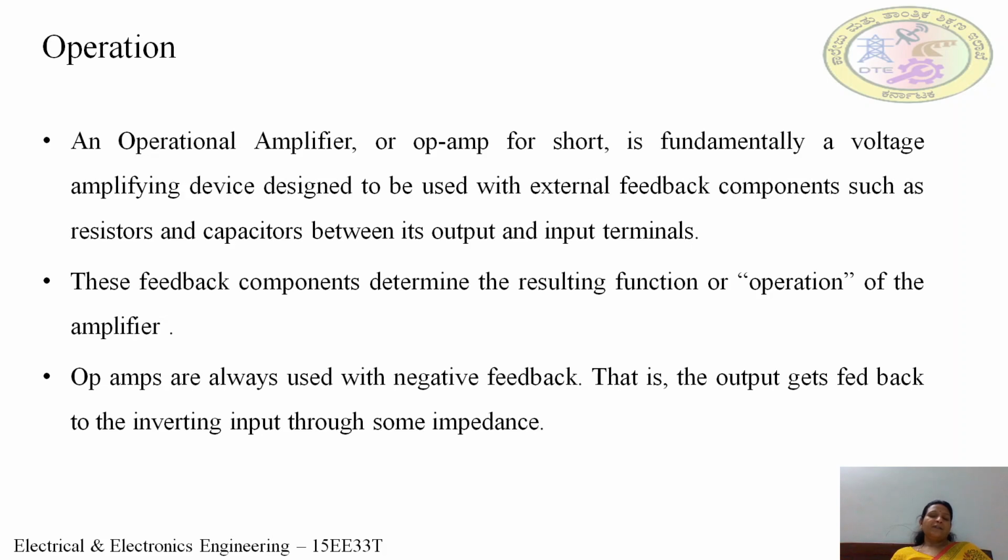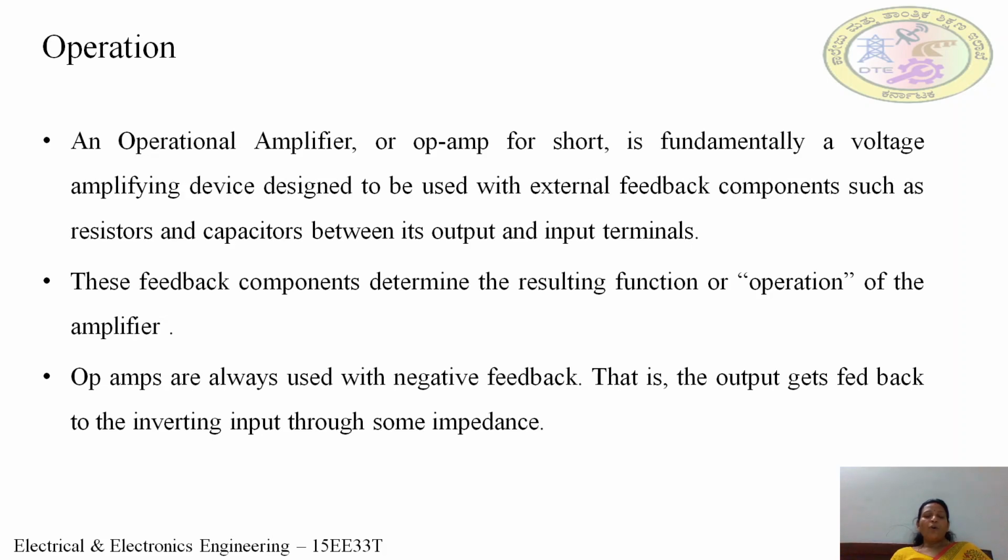In the feedback circuit we will be having either resistors or capacitors, and these feedback components determine what kind of function the operational amplifier is performing, whether it is differentiation or integration. So all these functions are decided by the feedback components.